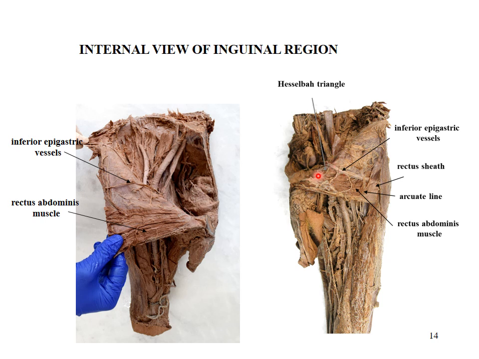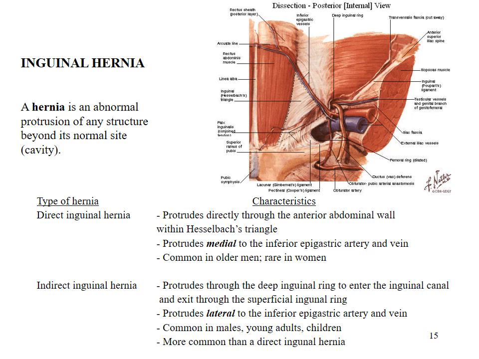The medial margin is the lateral margin of the rectus abdominis muscle, and inferiorly is the inguinal ligament. This is Hesselbach's triangle.